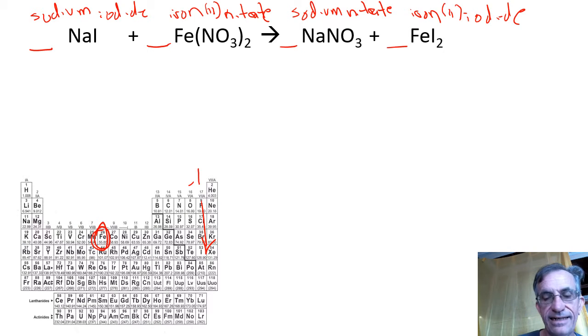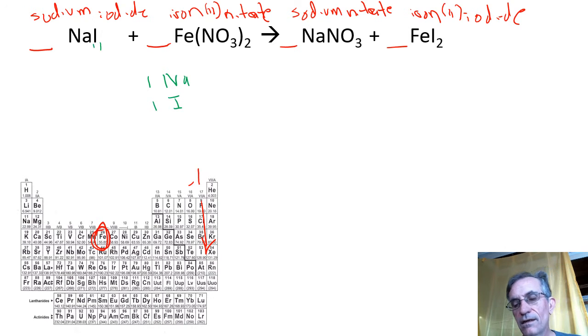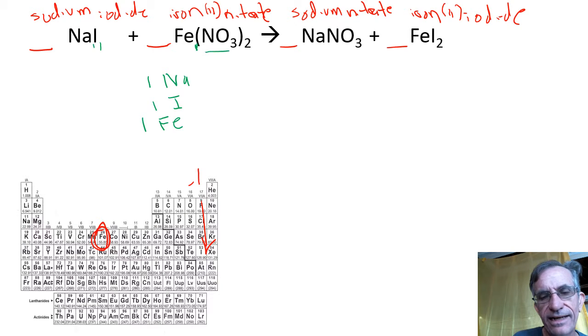On the left-hand side, for sodium, there is 1 sodium. For iodine, there's 1 iodine. For iron, there is 1 iron. And then this is something we haven't seen yet. The next thing I see is a polyatomic, NO3. A minute ago, we talked about the name of this polyatomic: it's called nitrate.